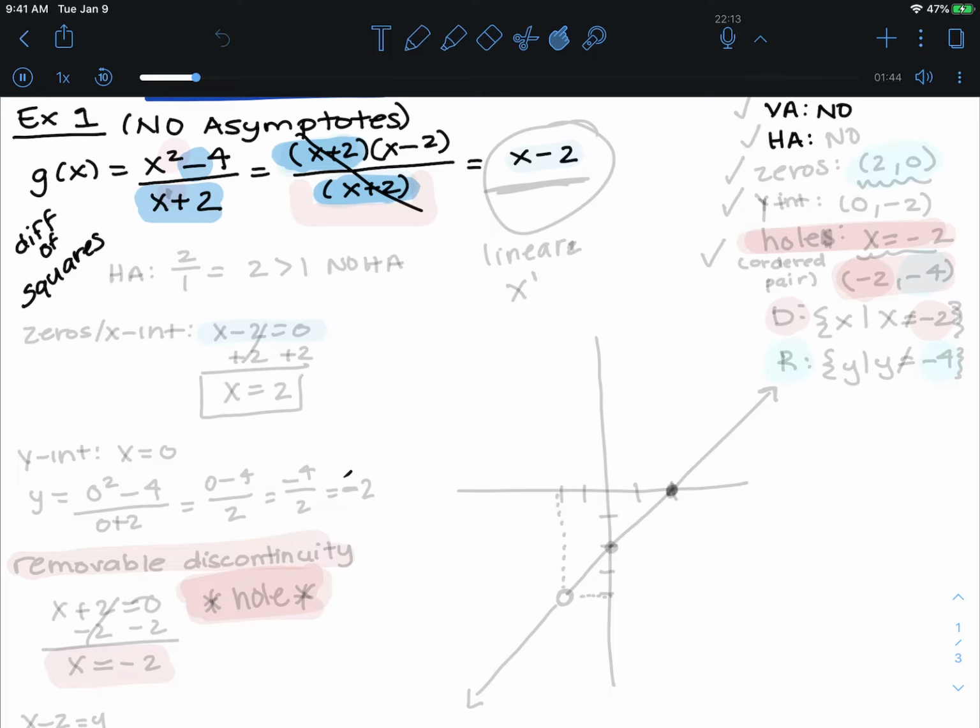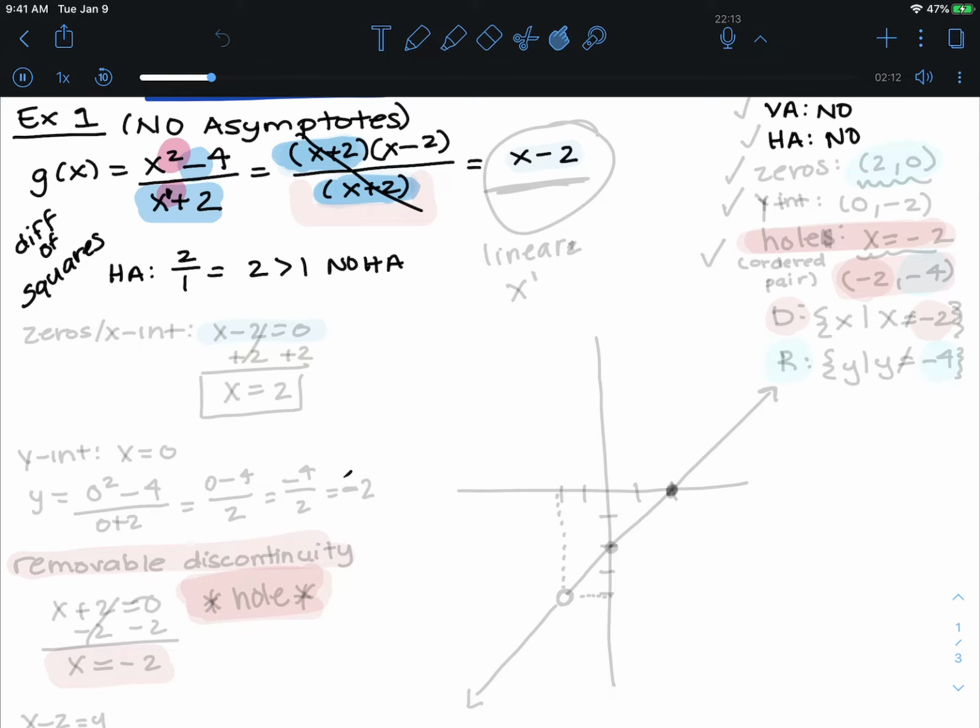Well, remember that for the horizontal asymptote, we compare the highest degree on top with the degree on the bottom. My degree here is 2, and the degree in the bottom is 1. So that's 2 over 1, and 2 is greater than 1. That means there is no horizontal asymptote, because the m is greater than the n.